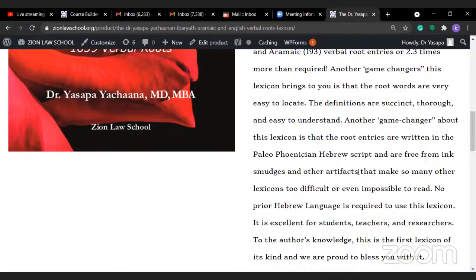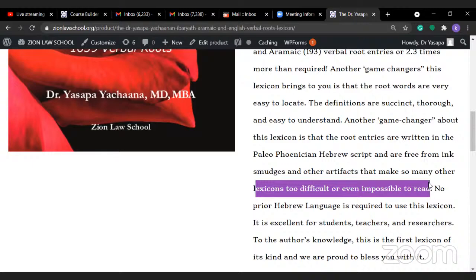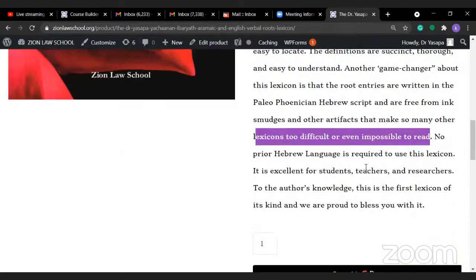Okay, they're so blurry. You can tell that it was just photocopy after photocopy, or scan rather, after scan after scan. All right, so because it doesn't have any smudges or artifacts, it makes it easy to read, okay? Whereas other lexicons are very difficult or even impossible to read. Anybody who has lexicons, they can tell you this.